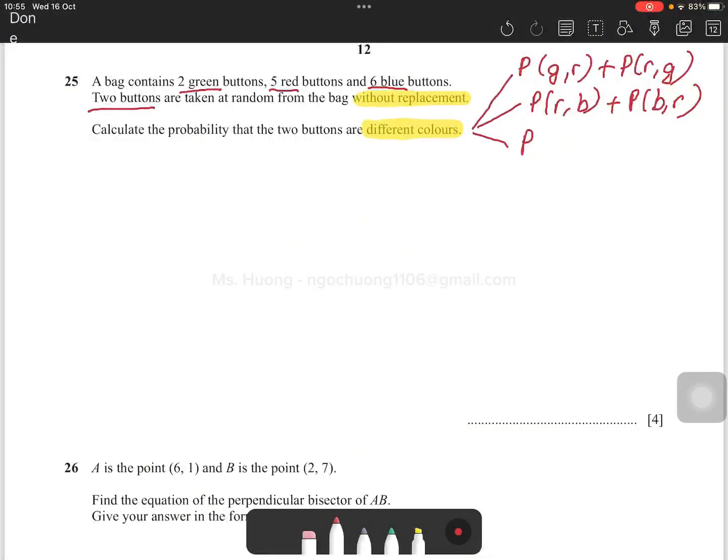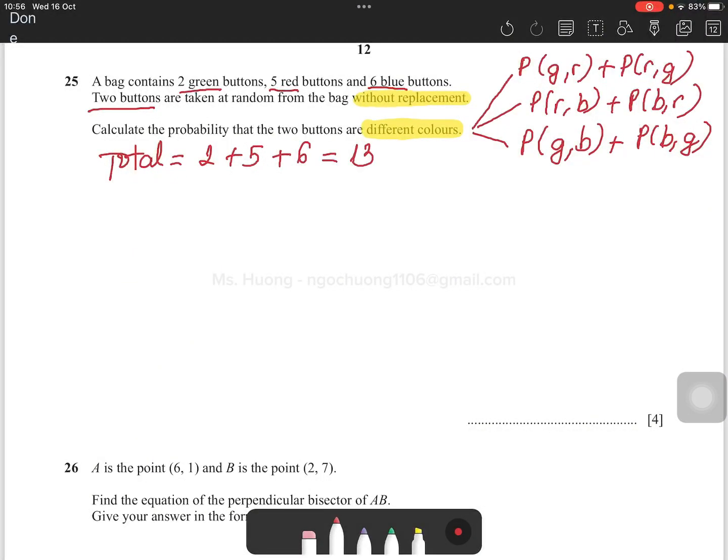Finally, we find the probability of green and blue plus the probability of blue and green. In this case, to find the probability, we need to know the total number of buttons. 2 plus 5 plus 6 is 7 plus 6, which is 13.